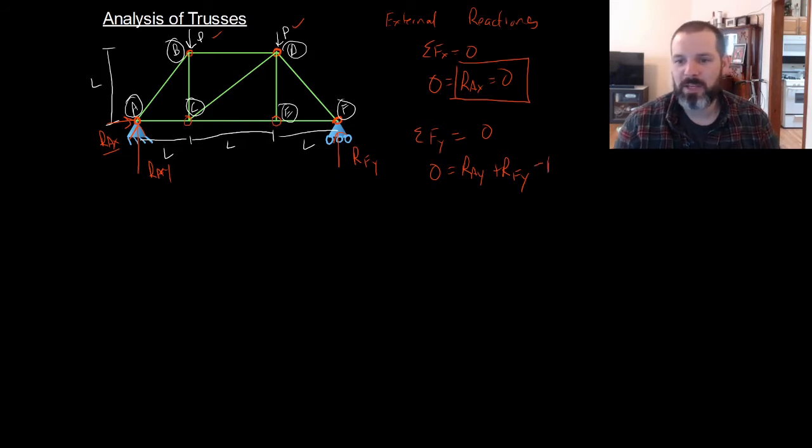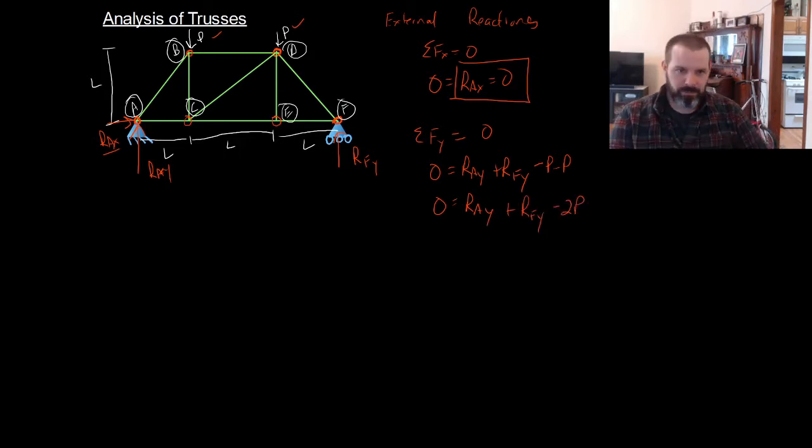So minus P, minus P. You'll find that 0 equals RAY plus RFY minus 2P. Here we have one equation with 2 unknowns, so we need to move on and use our moment equation.